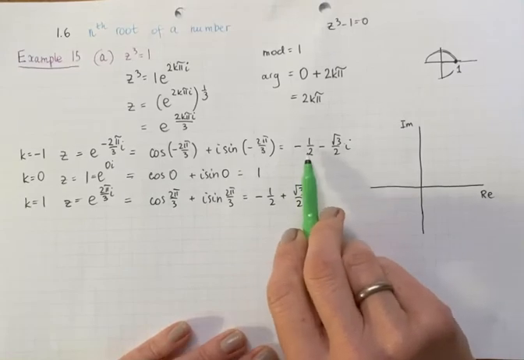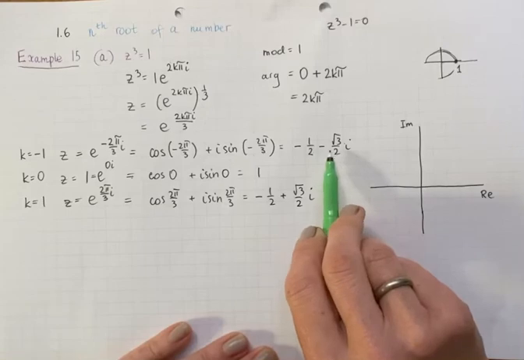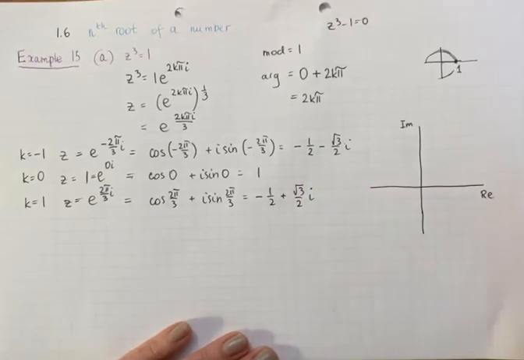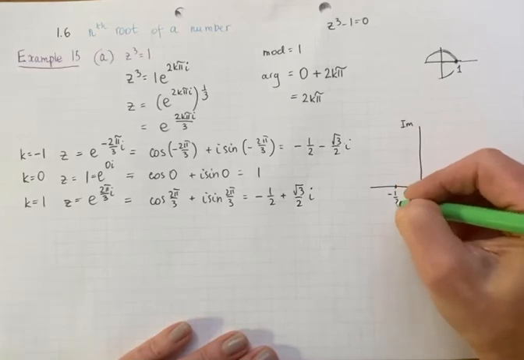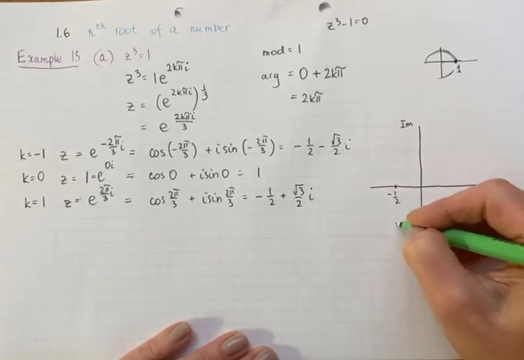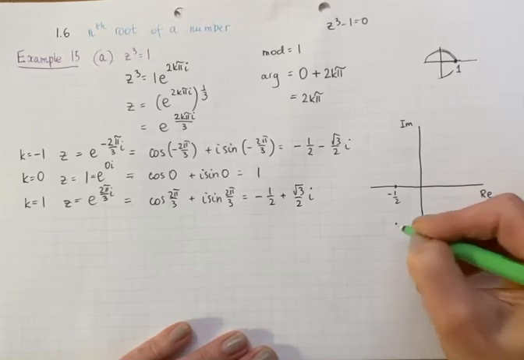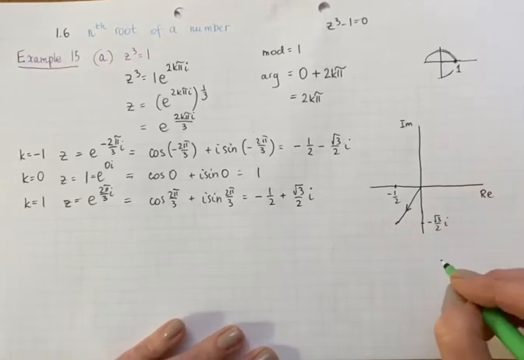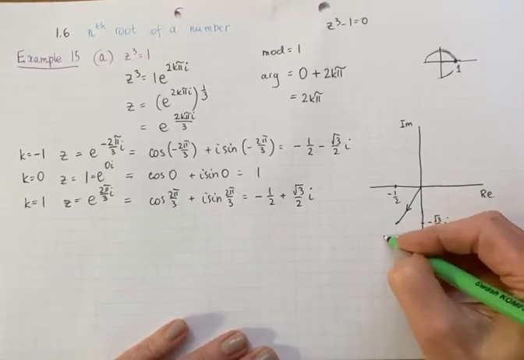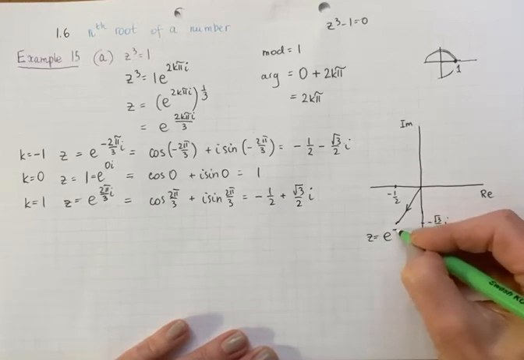Luckily I've worked it out, so minus root 3 over 2 is going to be bigger than minus a half, but really it doesn't matter. So if I say minus a half is here, and then minus, let's say somewhere here, it doesn't have to be exact. So that's my first complex number. I choose to represent it as a vector. I'll label it with its exponential equivalent.